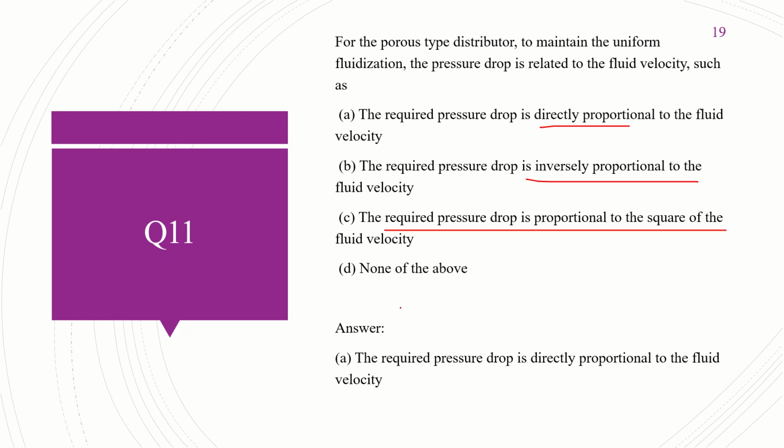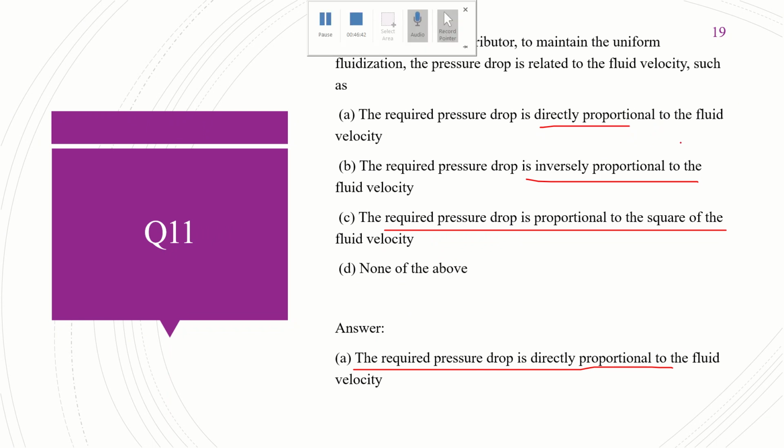Same question as question 9. So the right answer is required pressure drop is directly proportional to the fluid velocity. For the porous type distributor, the required pressure drop is directly proportional to the fluid velocity. It's the right answer.